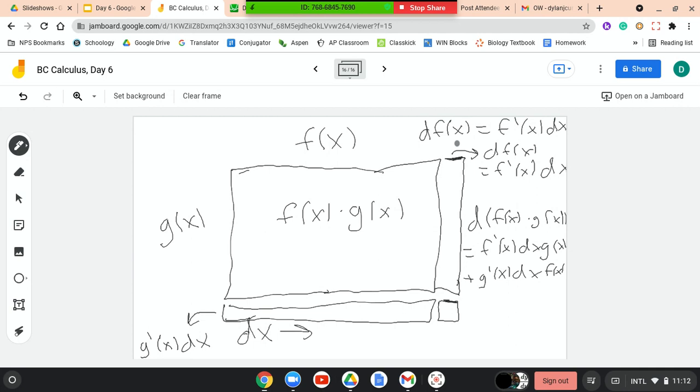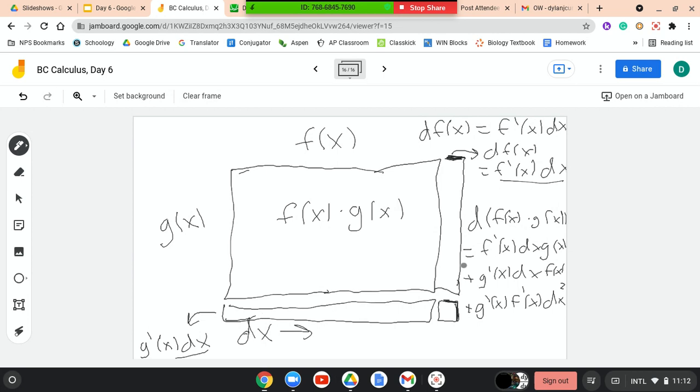This length, you can see up here, is just f prime of x dx, and this length down here is g prime of x dx. So when you multiply them together, you get g prime of x, f prime of x, times dx squared. Cool? Yeah, wait, let me just write that down real quick.